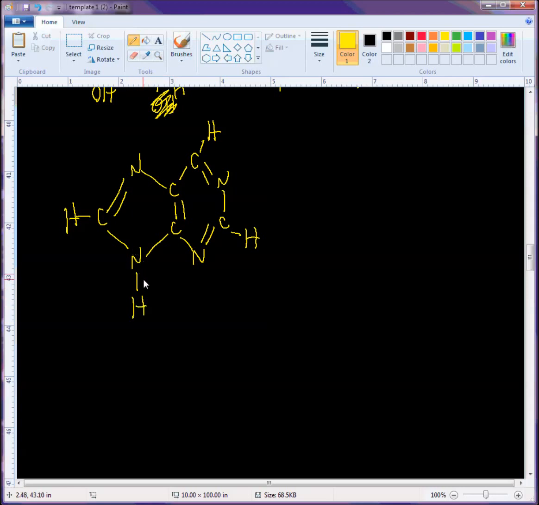And so how do we number these? It turns out we start with the 1 up here with this nitrogen, and then we go around the ring in a clockwise direction: 2, 3, 4, 5, 6, and then we can jump over to this closest nitrogen up here, 7, 8, and 9.